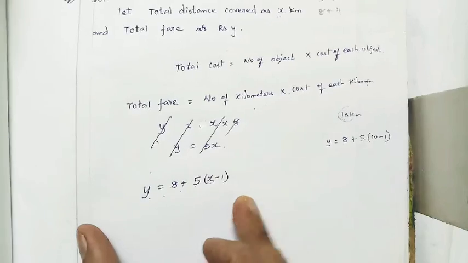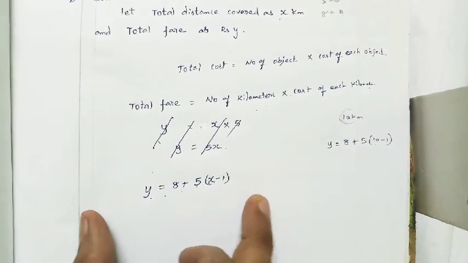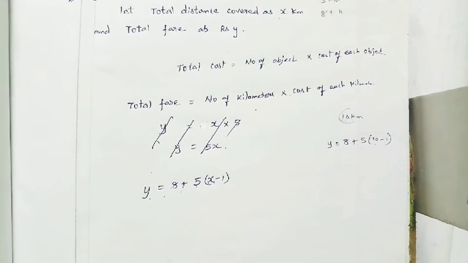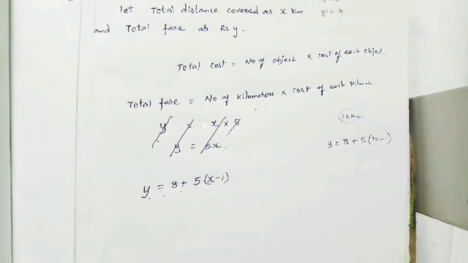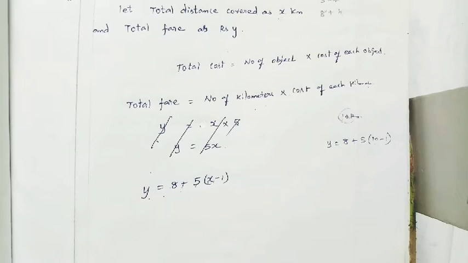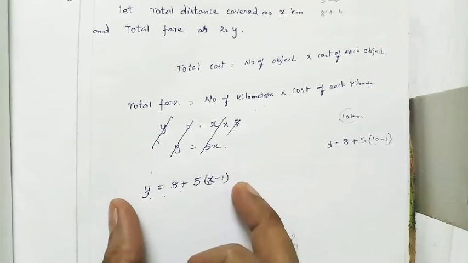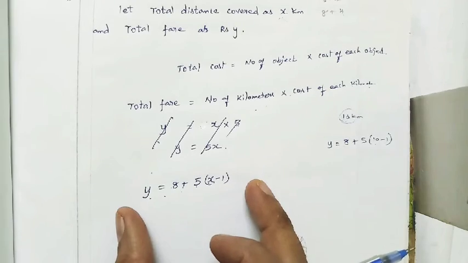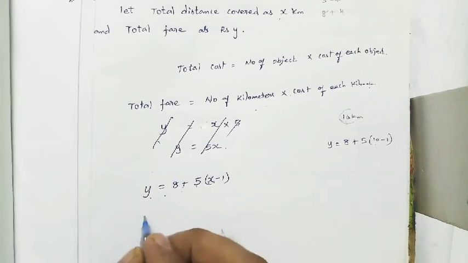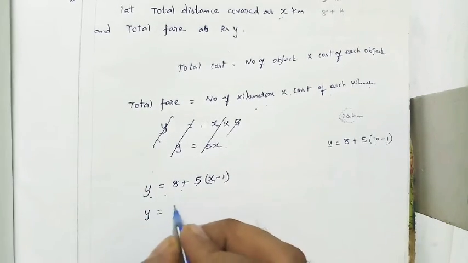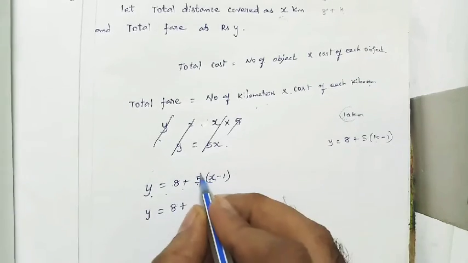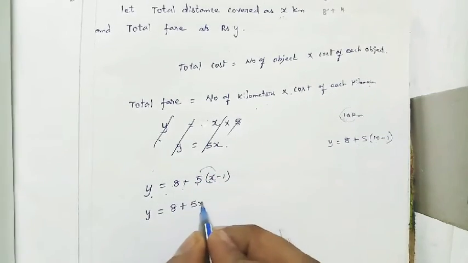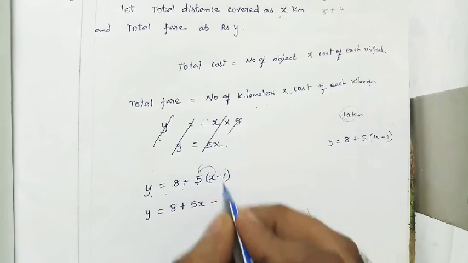Understood? But what they are saying is to find the solutions for the above equation, right? For what purpose are we finding solutions? To draw the above equation. Before that, see that it is not in standard form. First we can make it standard form by multiplying. So y is equal to 8 plus 5 into x, 5x, minus 5 into 1, 5.